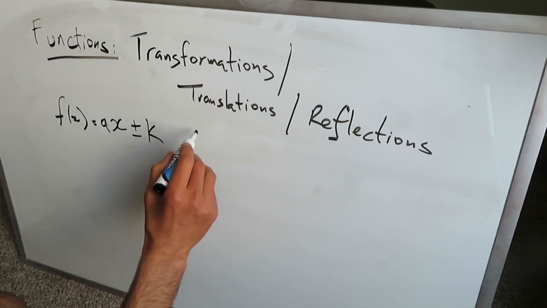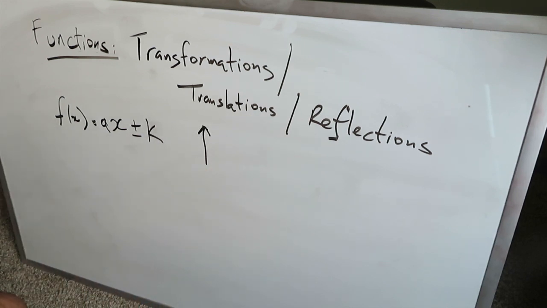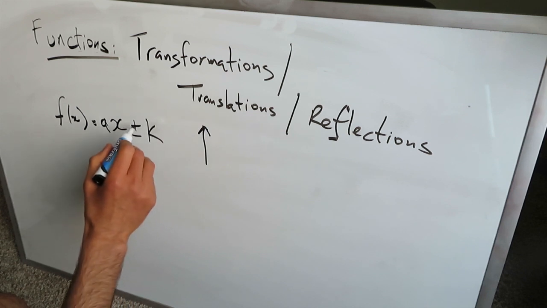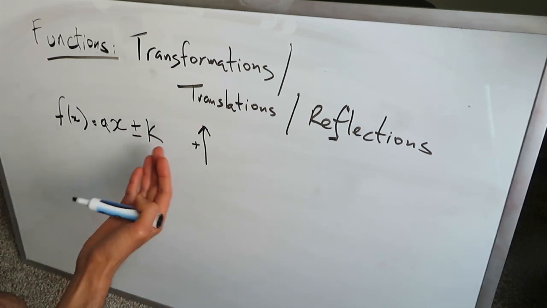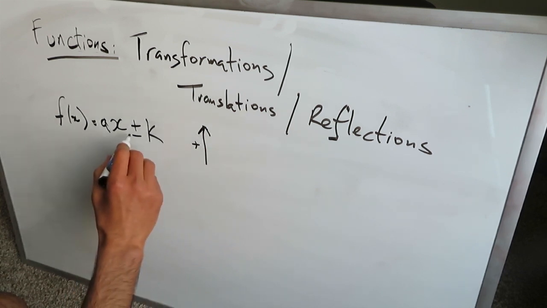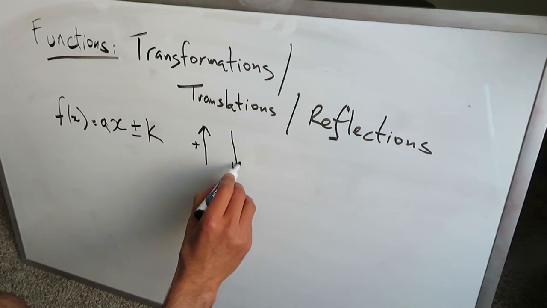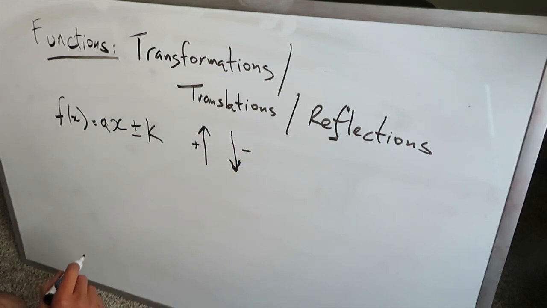Plus and minus k means the whole graph is translating without any other change, it's just moving upwards. If it's a plus k, it's going to move upwards. Whatever k can be, like 1, 2, 3, 4, whatever units, that's how many units it'll move up. If it's a minus k, it'll move that many units down. So we're talking about here vertical movement up or vertical movement down.